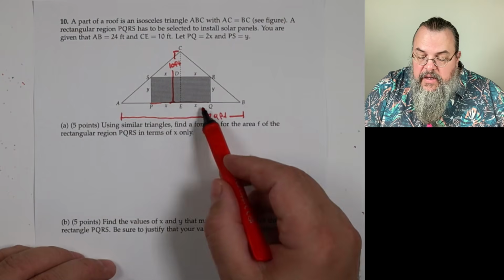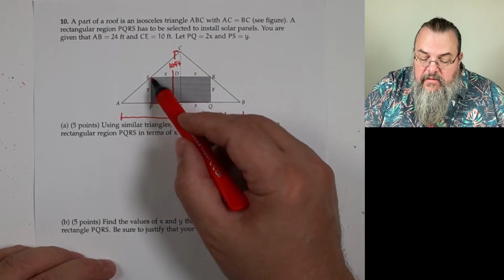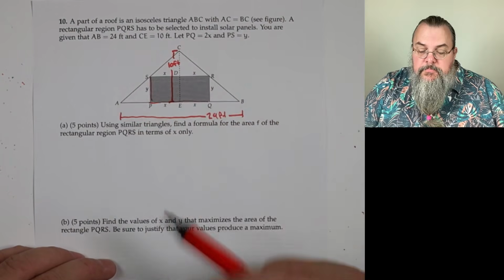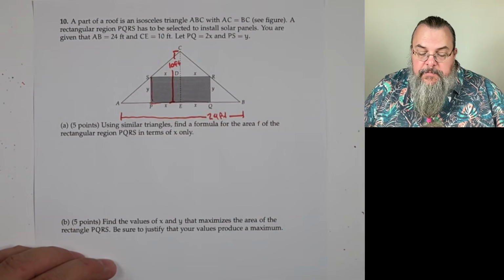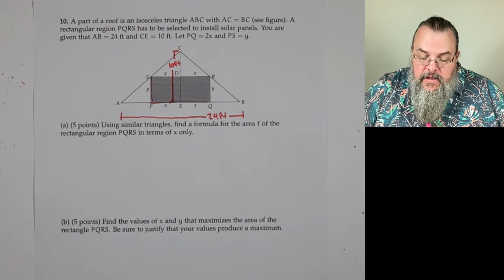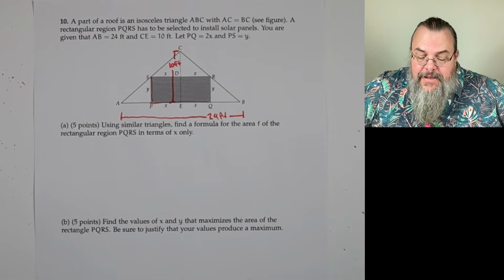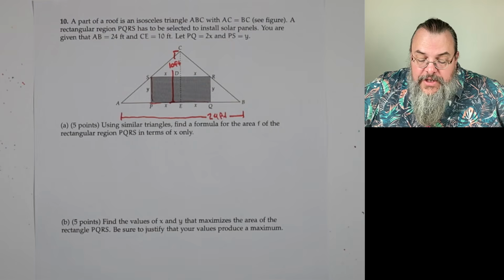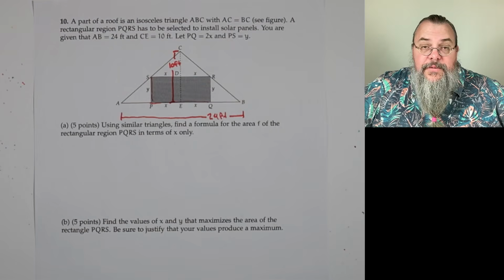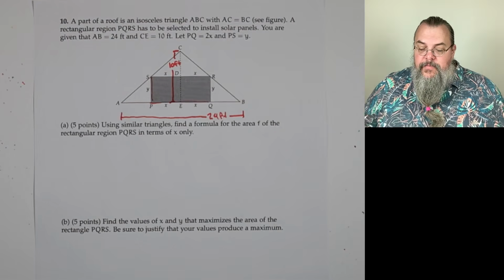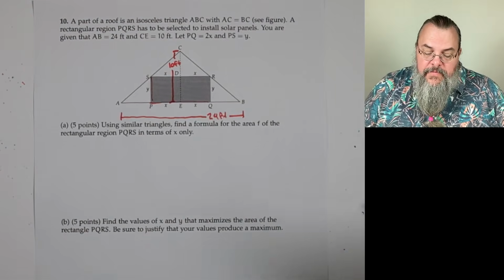See how there's an x and x. And PS equals y. Okay, we have all that. Now, using similar triangles, find a formula for the area F of the rectangular region PQRS in terms of x only.